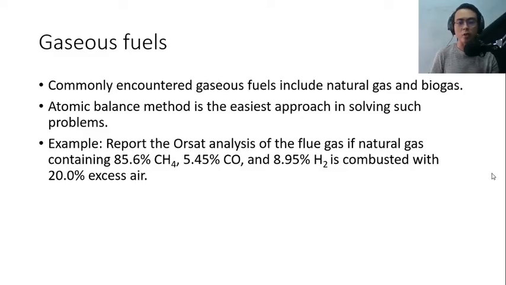Let's have this example here. Report the Orsat analysis of the flue gas if natural gas containing 85.6% methane, 5.45% CO, and 8.95% hydrogen is combusted with 20% excess air. So let me first jot down the given.